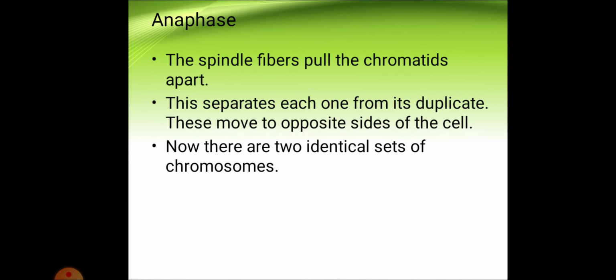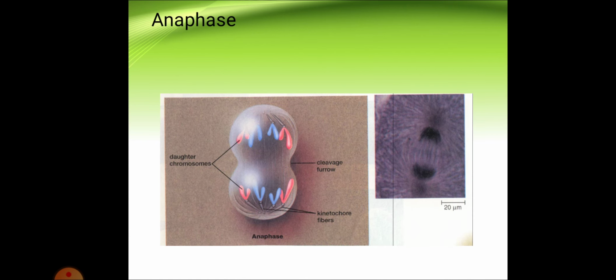Now, there are two identical sets of chromosomes. Nakita po natin yung meaning ng chromosome kanina, 'di ba? Pwede po siyang mag-duplicate. And yan po ang picture ng anaphase. They start to divide into two.